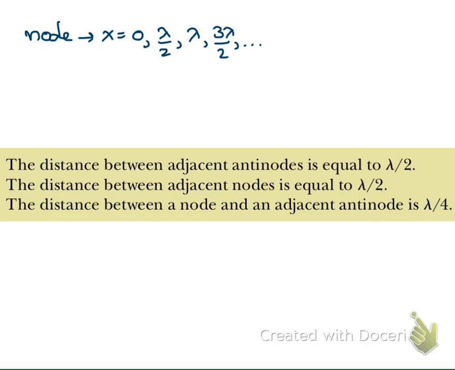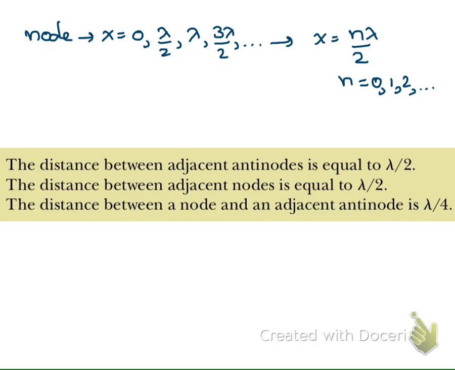Or in general, we have that at the position of x equal to n lambda over 2, where n is equal to 0, 1, 2, and so on. Okay, this is the position of the node.